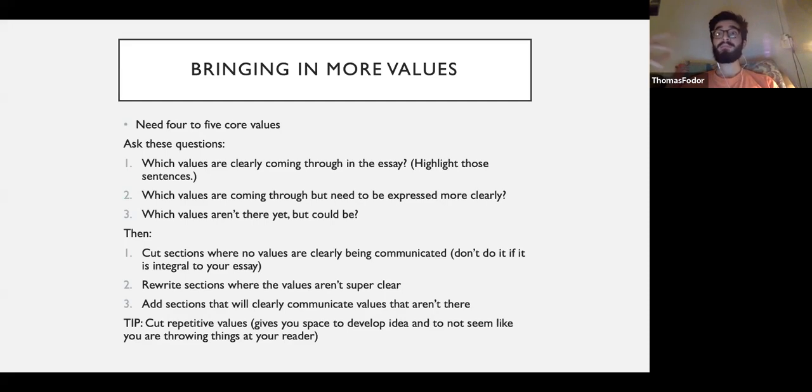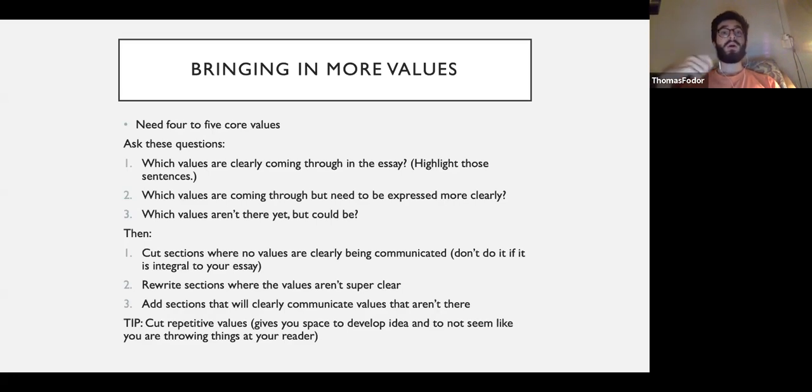Now, it might be good to say that to make it explicit, but you don't have to convey a lot of ideas explicitly in order for those ideas to get across. But what I will say is that if you aren't conveying your ideas explicitly, they still need to be clear.